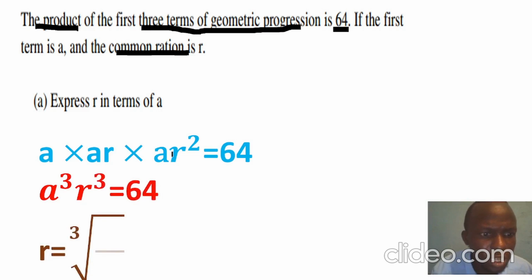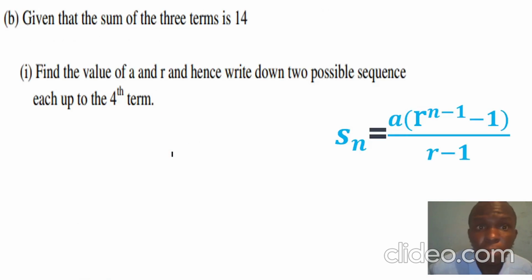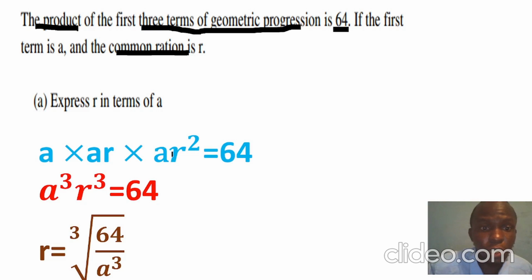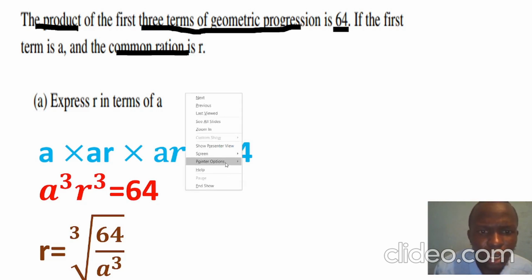Dividing both sides by A cubed and getting the cube root, R is the cube root of 64 over A cubed, which is going to give you 4 over A. I don't know why it was not written.